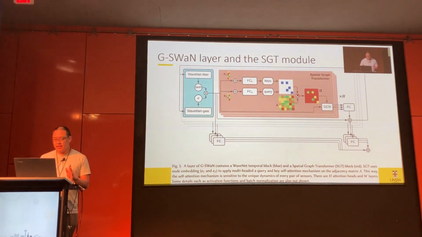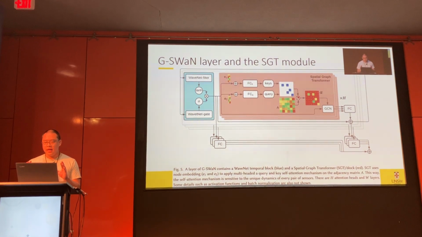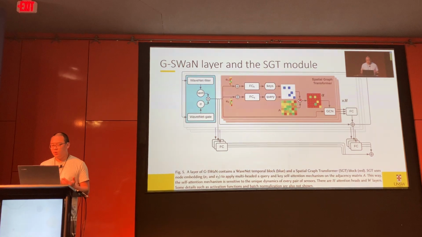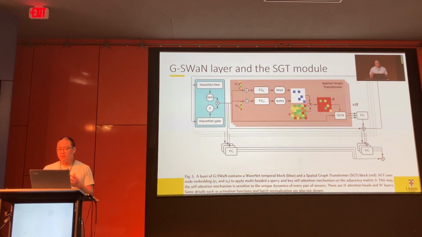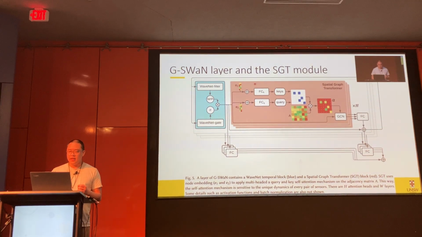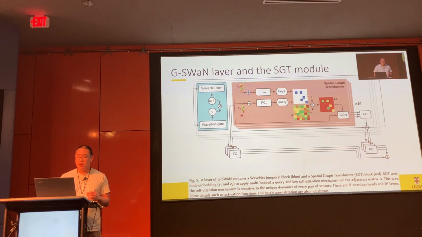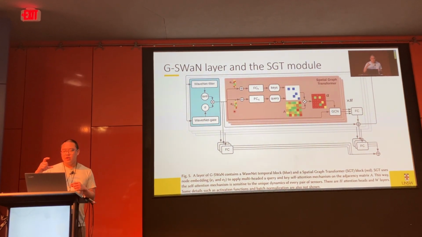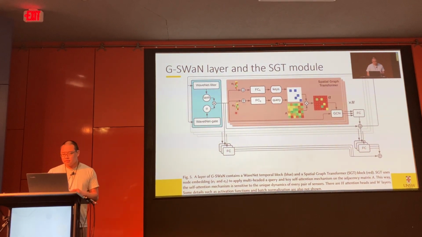And so this is our SGT layer, our spatial graph transformer. It has a very similar architecture to a transformer. It uses these node embeddings, E1 and E2, and these node embeddings are the ones that capture the unique behavior of every single node.